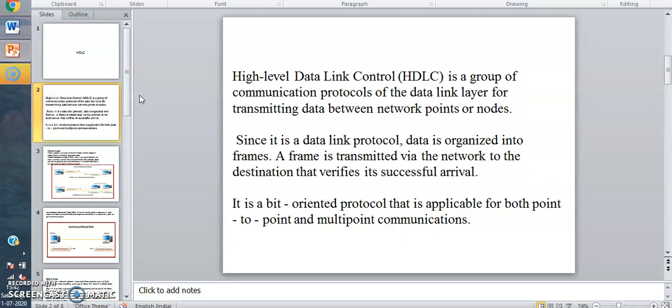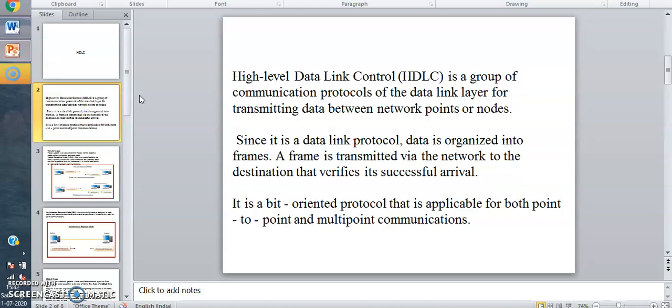Since it is a data link protocol, data is organized into frames, because everything here in data link will be in the form of frames. A frame is transmitted via the network to the destination that verifies its successful arrival. It is a bit-oriented protocol.